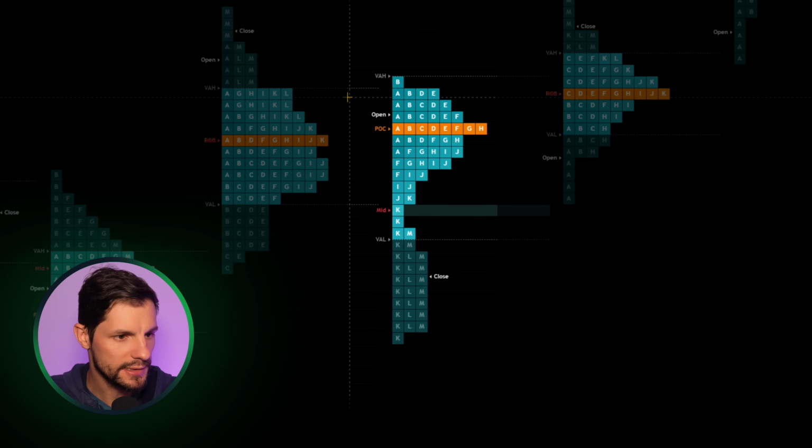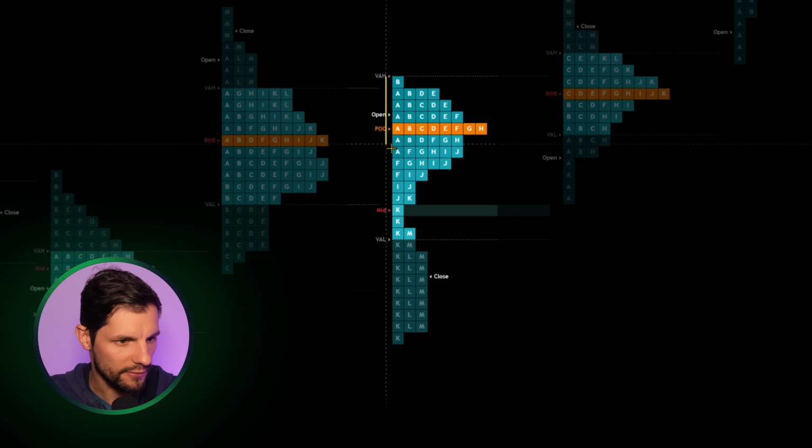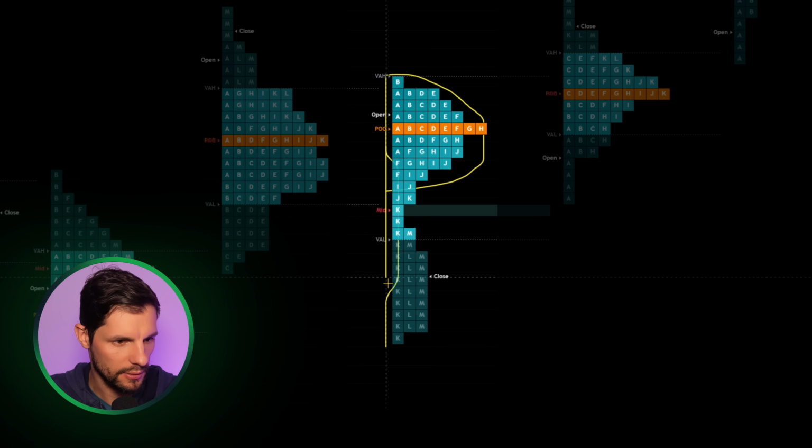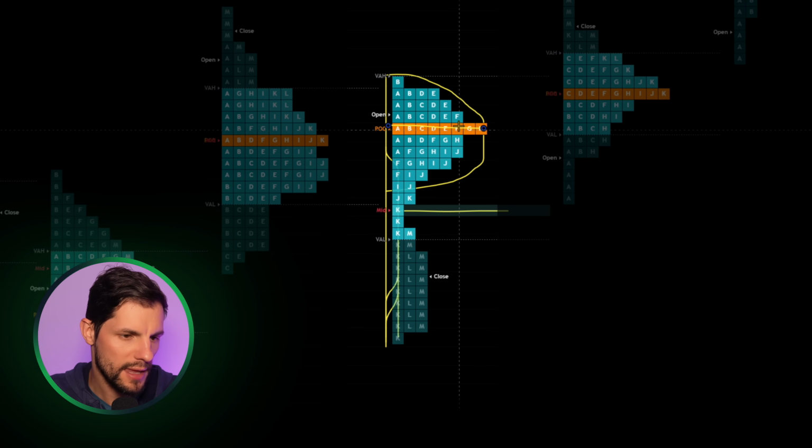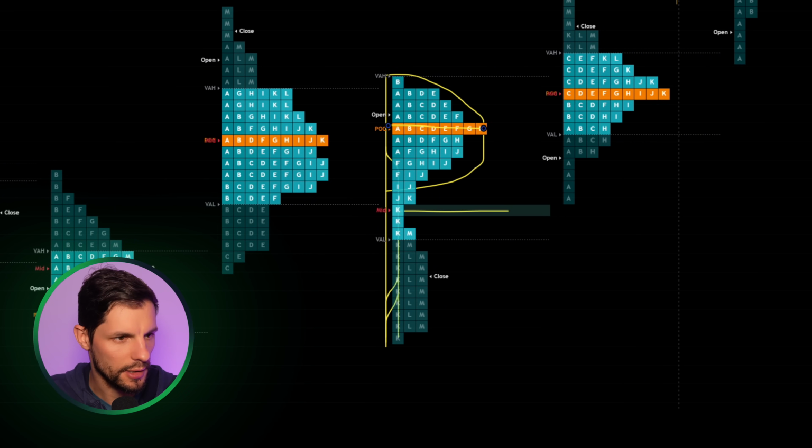So here you can see we have the shape of a P, where you have a thin elongated part split with a single print, and then you have the point of control towards the upper part. So in this case you have a little bit of higher value here, you have the point of control at the high, you have the value area also at the high, and then the next day you get continuation higher.